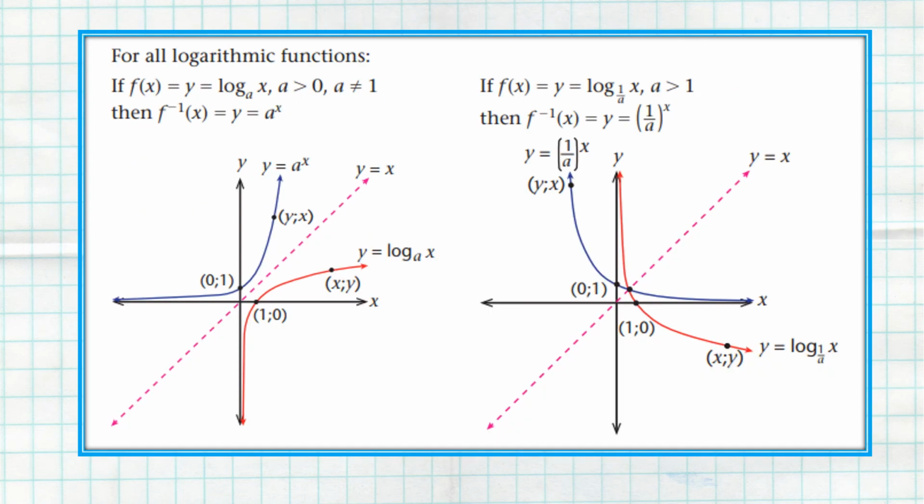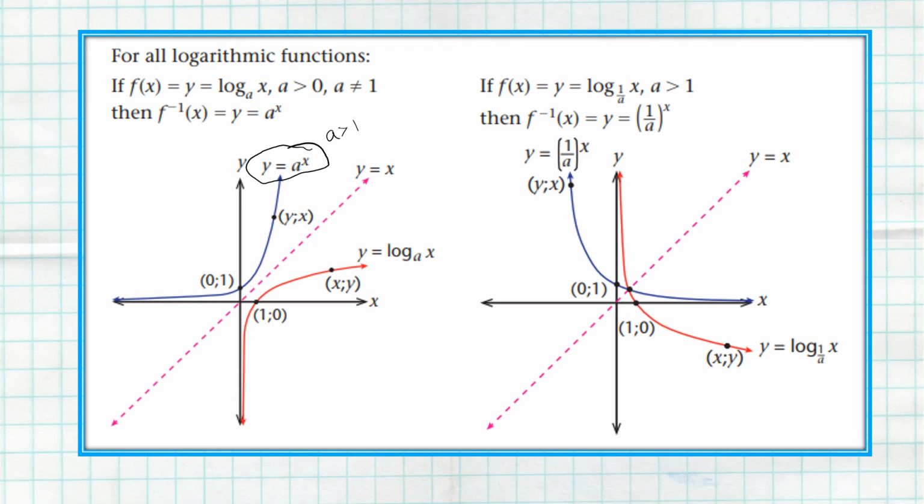Here I just want to show you the shape of logarithmic functions for two different kinds of exponential equation. The first exponential equation is y equals a exponent x, where a is greater than 1, because it's an increasing exponential function.